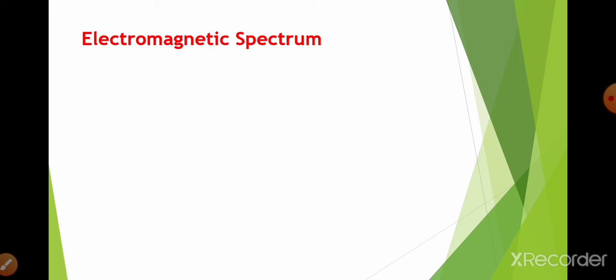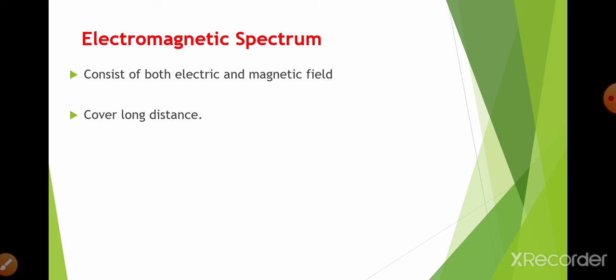Now let us move towards the electromagnetic spectrum. I just told you that an electrical waveform cannot be transmitted through free space. So what we have to do in an electronic communication system is convert the electrical waveform into electromagnetic waves. So what do you mean by electromagnetic wave? The waveform which consists of both electric and magnetic fields is known as an electromagnetic wave.